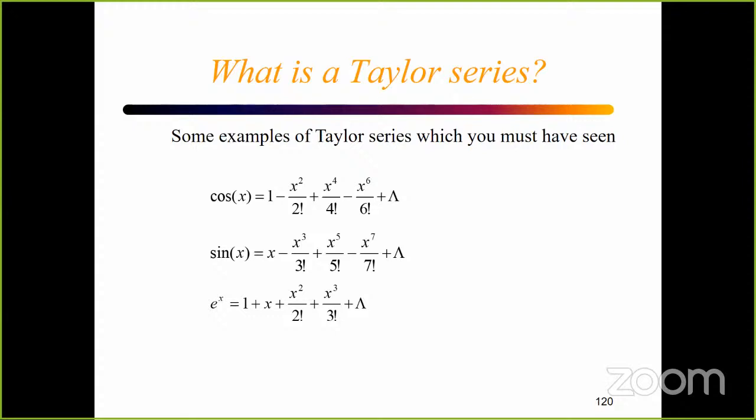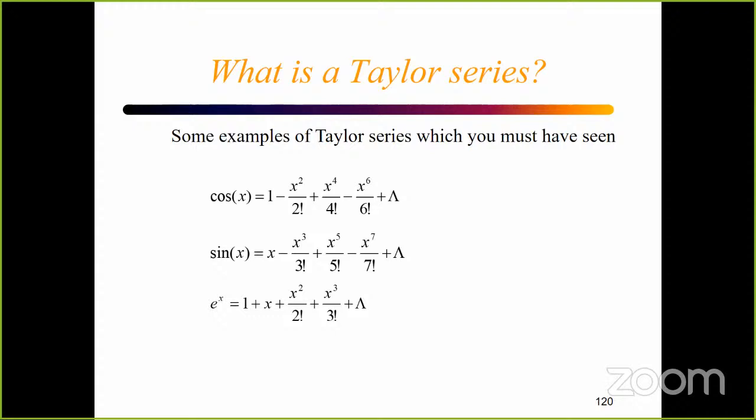You are well aware of this from your mathematics background; you are strong enough. That's why you scored more than 80% in mathematics and maybe in physics also in your graduation. Some examples of Taylor series which you must have seen: cos x is 1 minus x squared by 2 factorial plus x to the power 4 by 4 factorial minus x to the power 6 by 6 factorial, and so on.